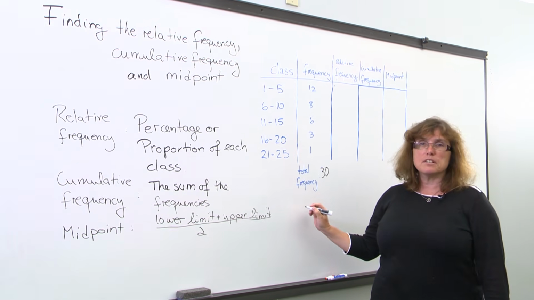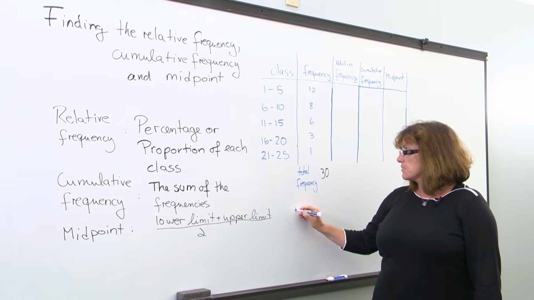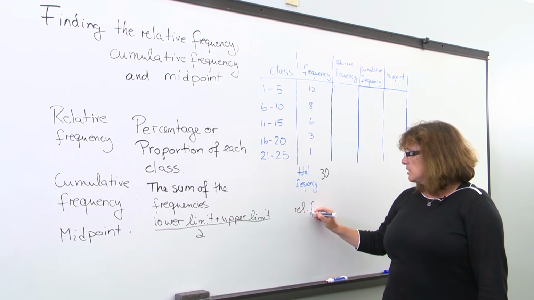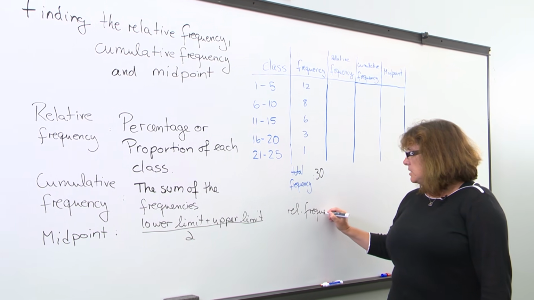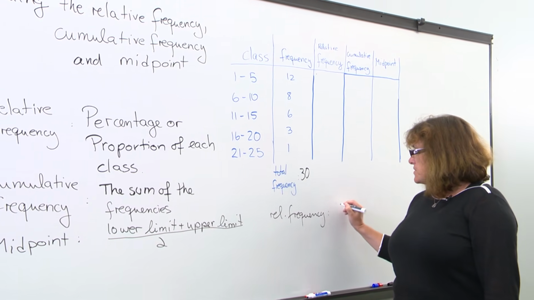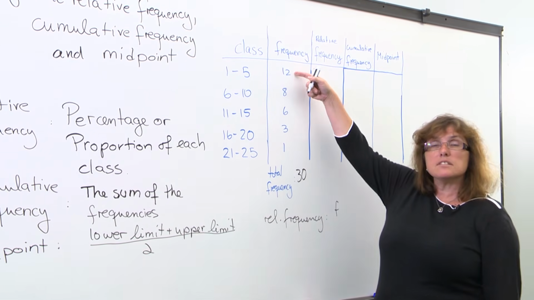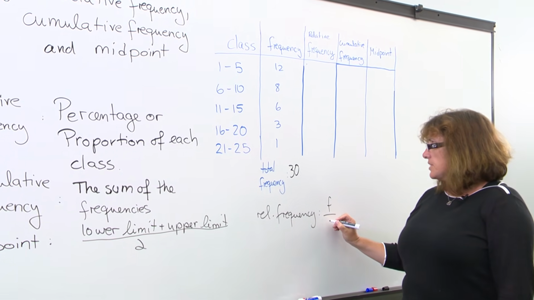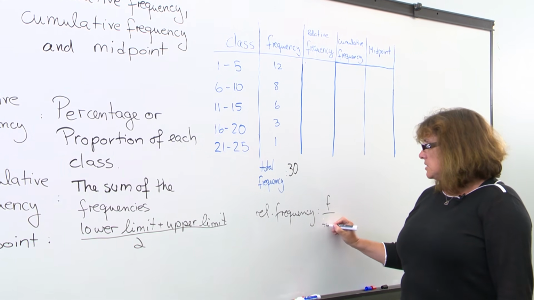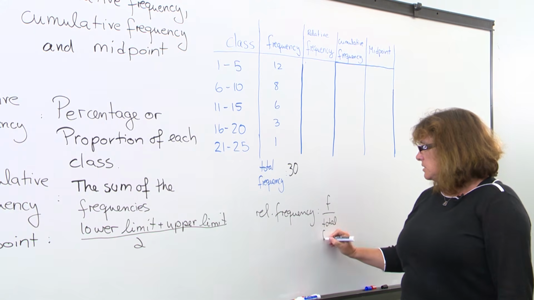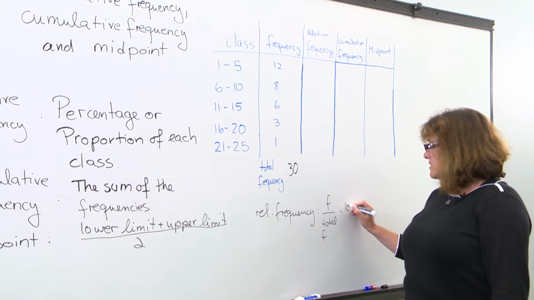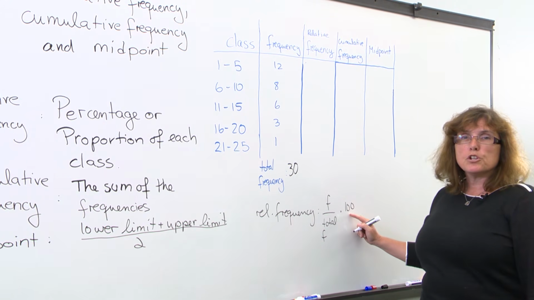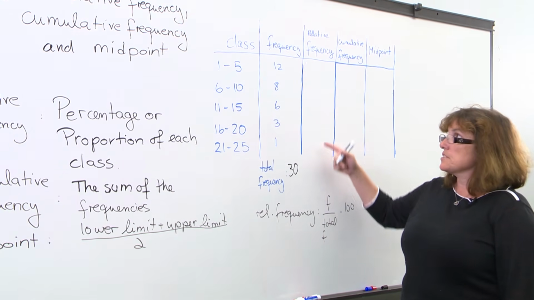Now let me just write the formula down for the relative frequency. We're using f, the frequency of each class, divided by the total frequency. And we're multiplying this by 100 to get our percentages.